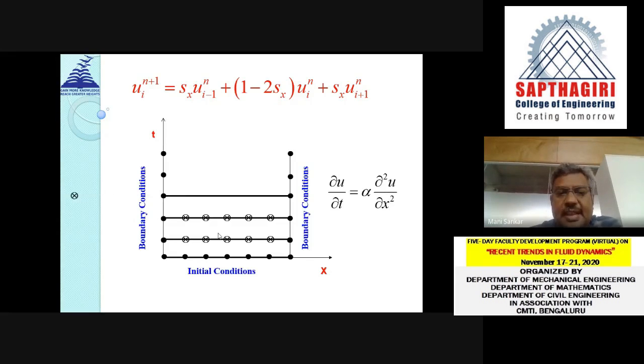If not, I go for the next time level and do the same technique. So every time level I complete the calculation, it's my duty to check whether I have reached the steady state or not by comparing the present level solution with the previous time level solutions. So this is the calculation procedure in the system.